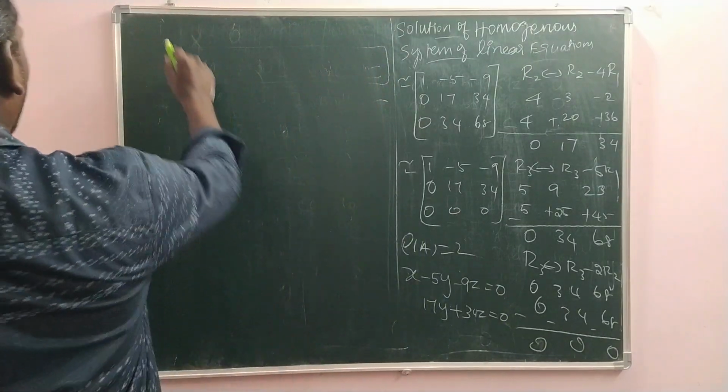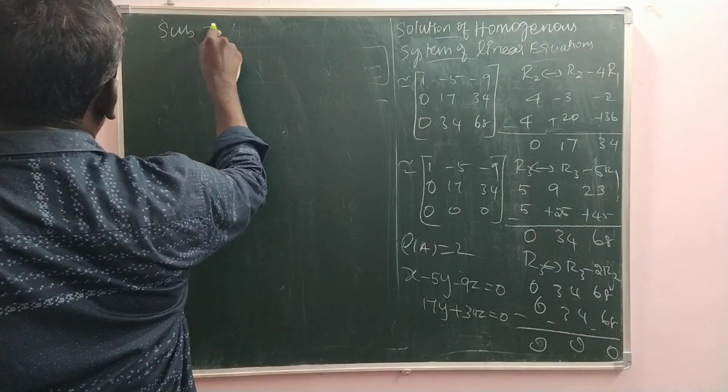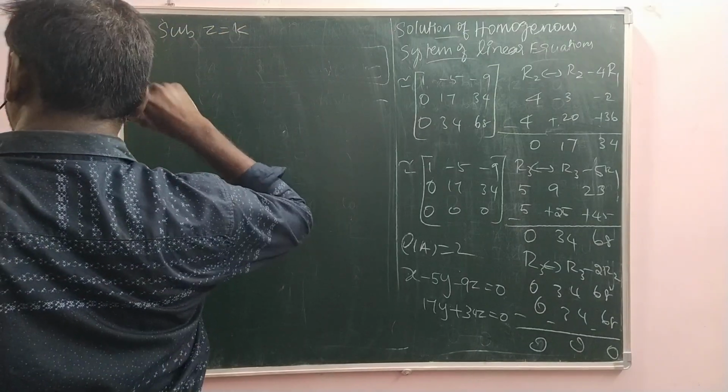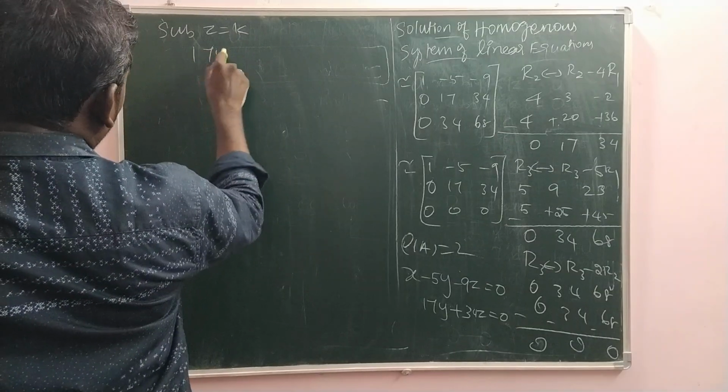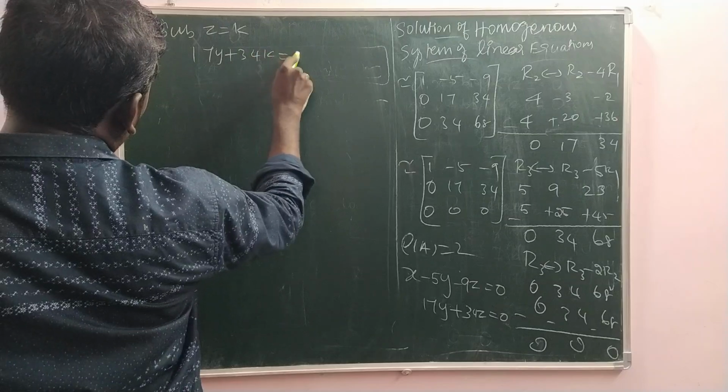How do we find the infinitely many solutions, do you remember? Any variable you can choose. I am going to substitute z is equal to k. Then 17y plus 34k is equal to 0.